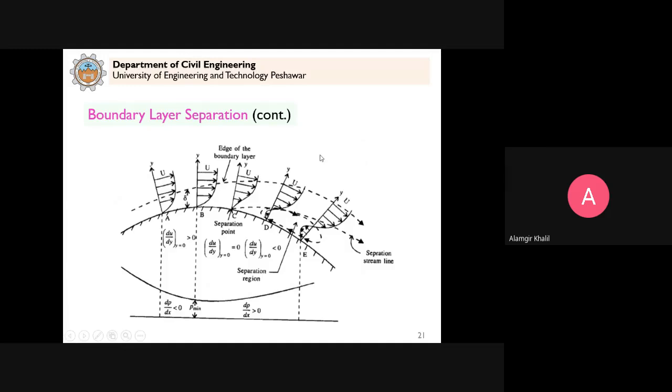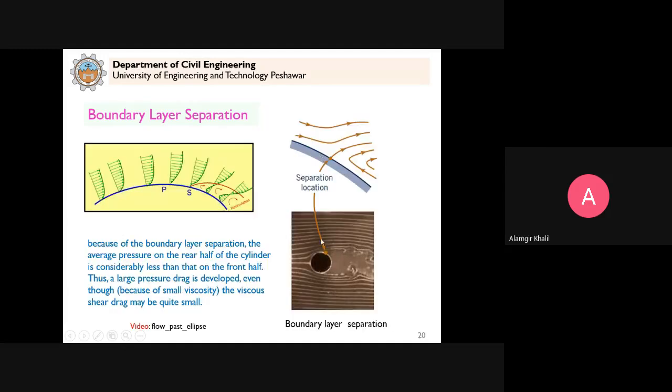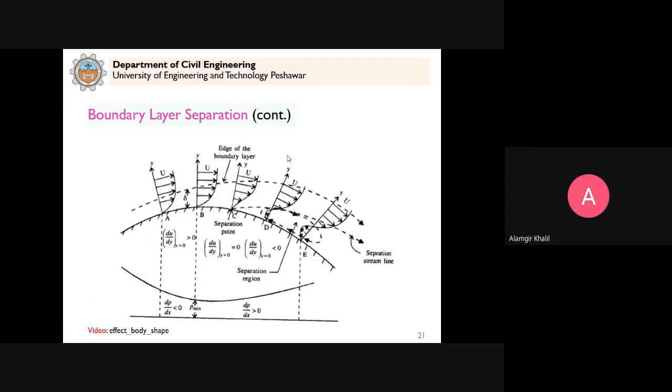Now in this case, for a curved object, as you saw in the previous slide, this boundary layer separation can take place because of the difference in pressure gradients that exist from point to point. So before I explain this figure, you can see here the effect of shape on this boundary layer separation.